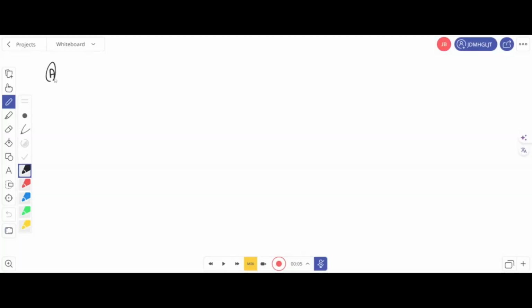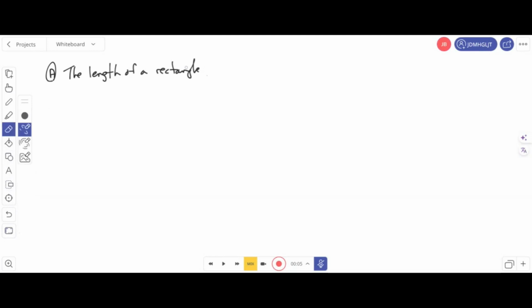Okay, so we're going to start with problem A. It says the length of a rectangular field is 24 meters.